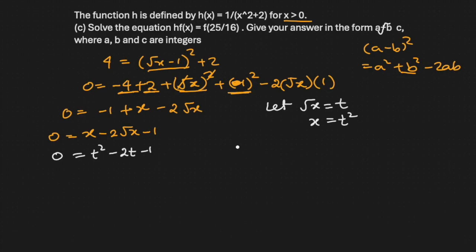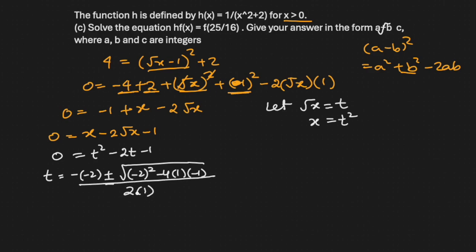Okay, and let me use quadratic formula to solve this. t will be equal to minus (minus 2) plus minus square root of (minus 2) square minus 4AC over 2 times 1. So it becomes positive 2 plus minus square root of 4 plus 4, 8, over 2, which is 2 plus minus, square root 8 will be 2 square root 2, over 2.